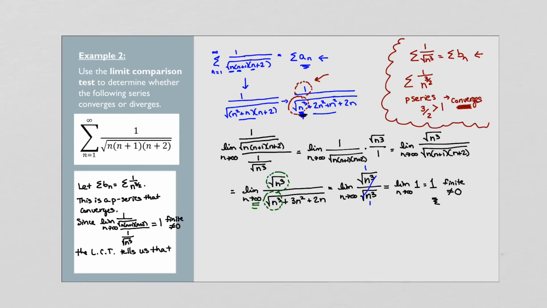Since b sub n converged, our original series, n equals 1 to infinity of 1 over the square root of n times n plus 1 times n plus 2, also converges.